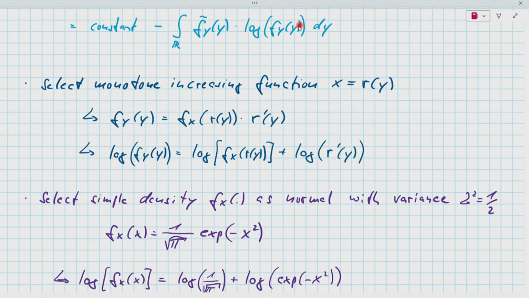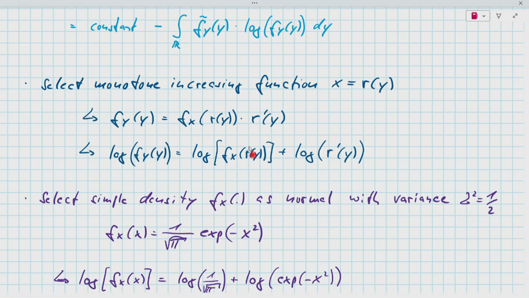When I take the log, this is this hypothetical function that we plug in here, that we want to change to, it should be as close as possible to that f tilde. Then I have to take the log of it, and the log of that is the log of this term plus the log of the derivative. Now that's nice about it: I can decompose it into two additive terms.